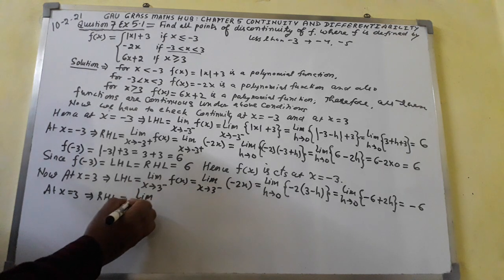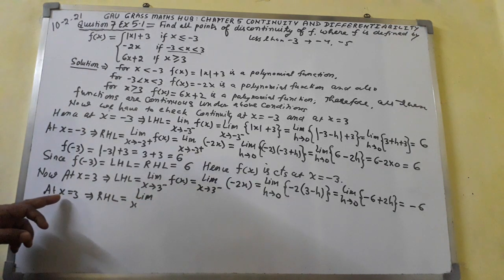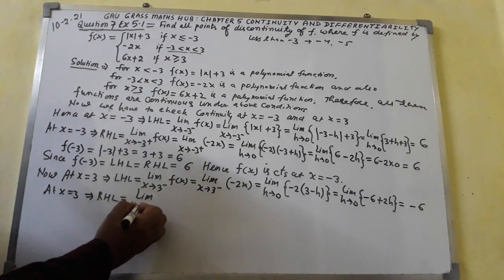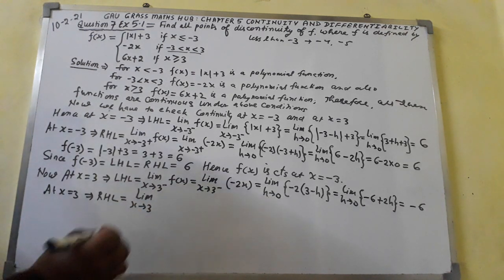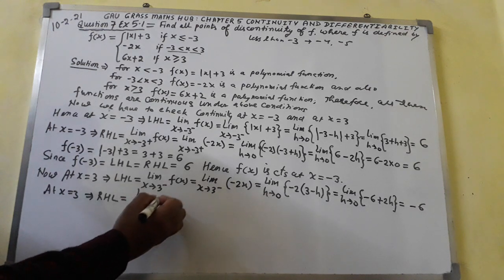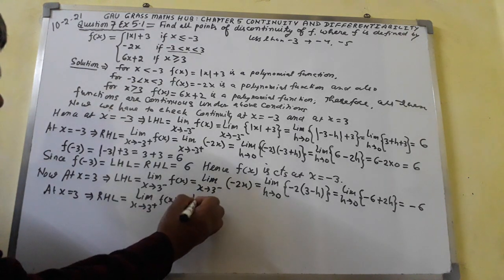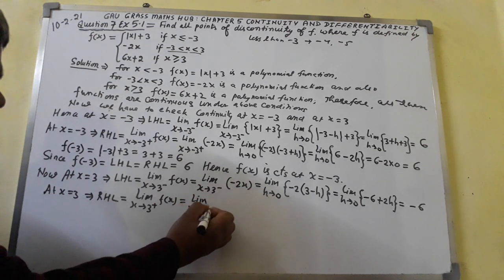lim. Here x equal to 3 is there. For x equal to 3, here I shall write x tends 3 positive, since right is written. For right I shall say 3 positive. f of x I shall write equal to, here write lim x tends 3 positive.